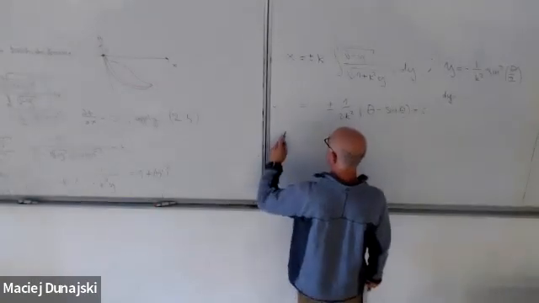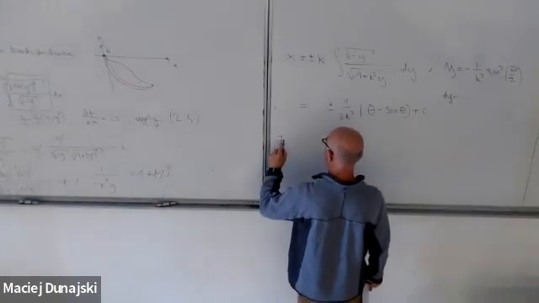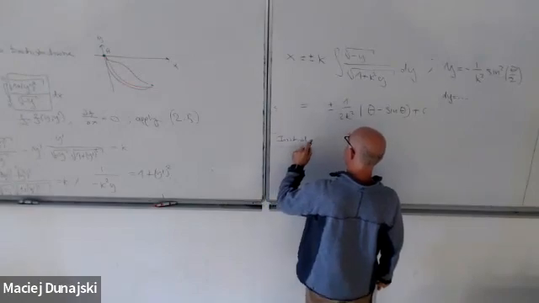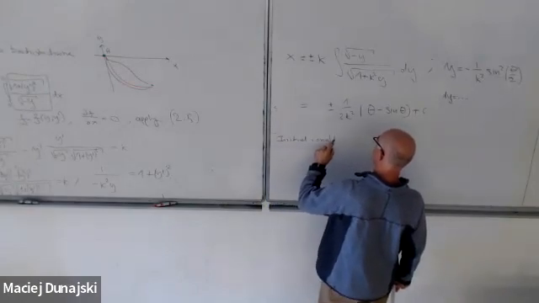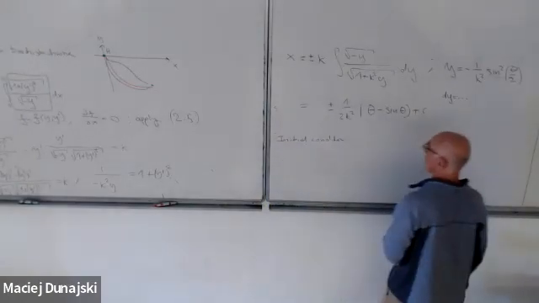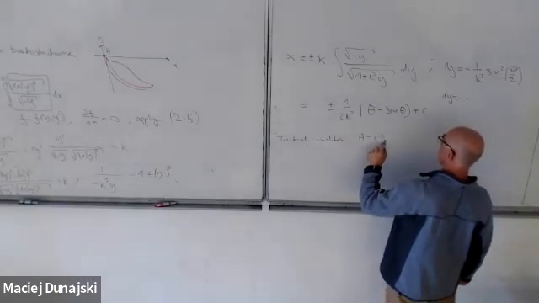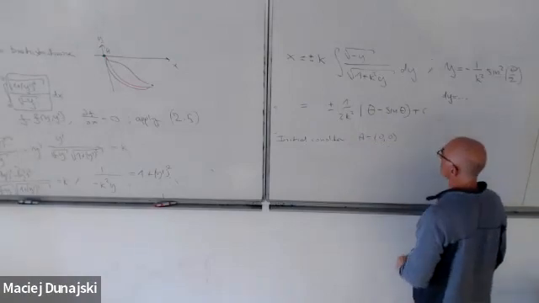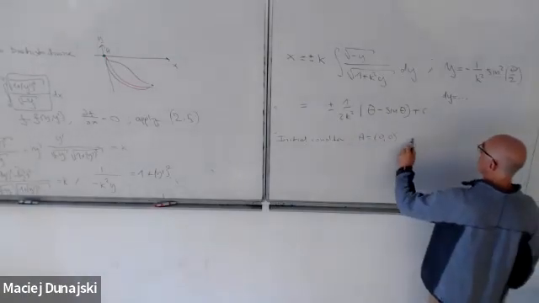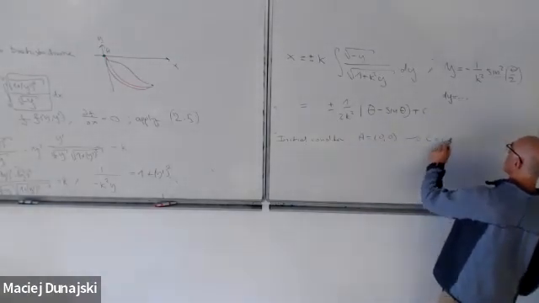Then, if you impose the initial condition that point A is 0, 0, so this curve goes through 0, 0 where theta equals 0, you find that c equals 0.